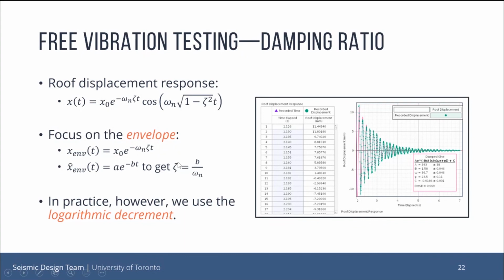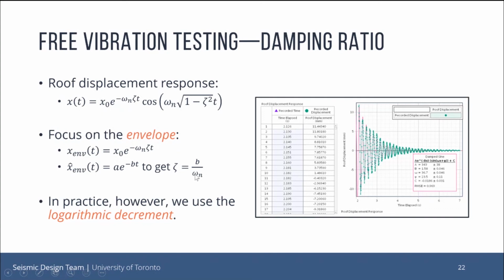We then have to figure out what this damping ratio is. This curly symbol right over here is called zeta, and that's commonly used to denote the damping ratio. Based on the regression format, it's the regression constant divided by omega sub n, which you'll soon learn to be the natural frequency of that tower.